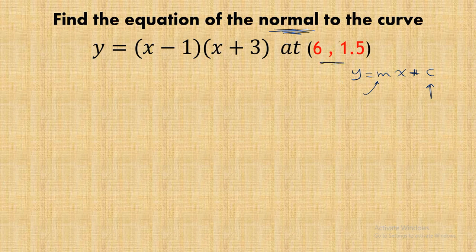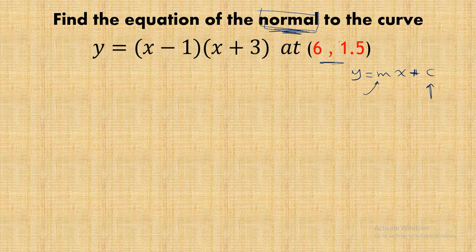To find the gradient. But we said in the last question this method gives usually the gradient of tangent. What about the gradient of normal? We'll see after solving. But first we have to differentiate this expression. It's in the form of multiplying, but we will not use product rule.